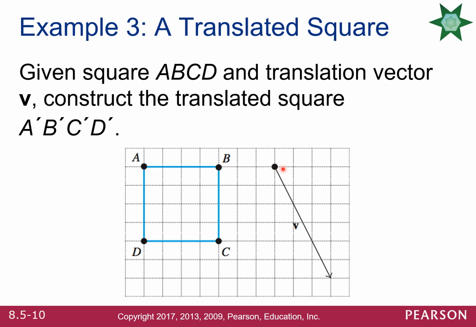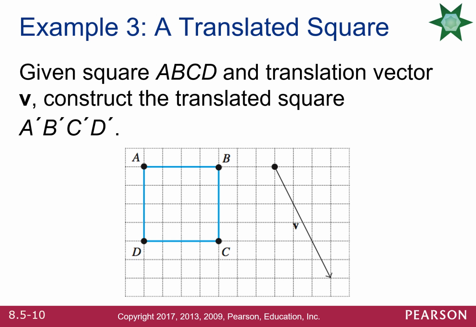All right, so what's going to happen is the whole figure is going to shift 3 units to the right and 6 units down. So we have over here A. Point A is going to shift first 1, 2, 3 units to the right, and 1, 2, 3, 4, 5, 6 units down.